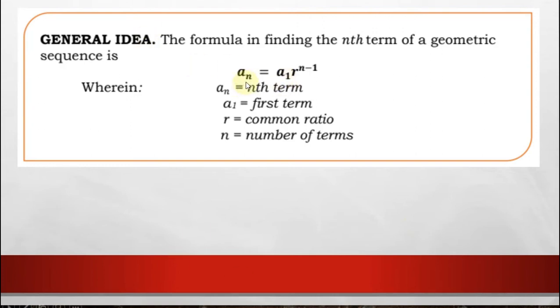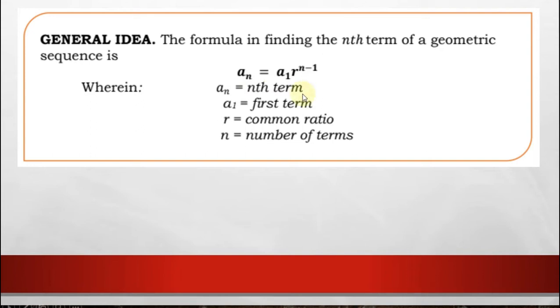Kung saan, yung a sub n natin is yung nth term natin, equals, yung a sub 1 is yung first term natin, then r is yung common ratio, and n is the number of terms. So, please take note of the given formula kasi ito yung gagamitin natin para mahanap natin ang nth term sa given geometric sequence.